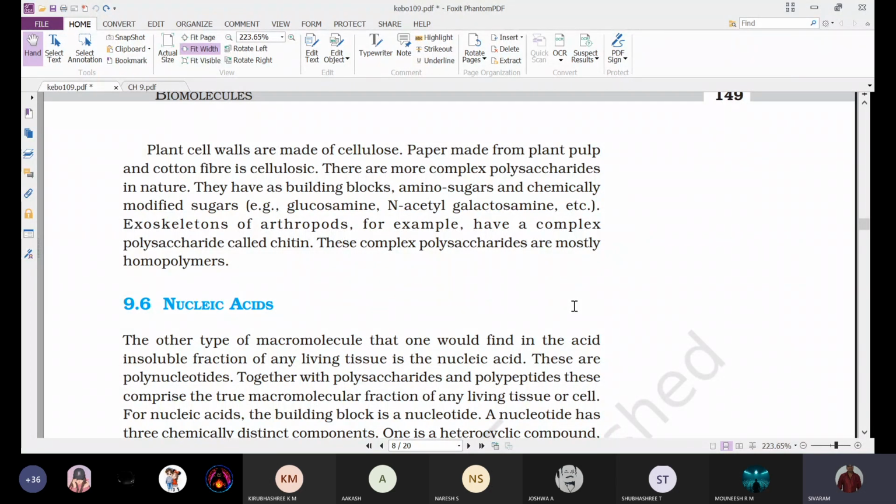They have building blocks like amino sugars and chemically modified sugars, for example glucosamine and N-acetyl galactosamine. These are some examples of chemically modified sugars found in heteropolysaccharides.